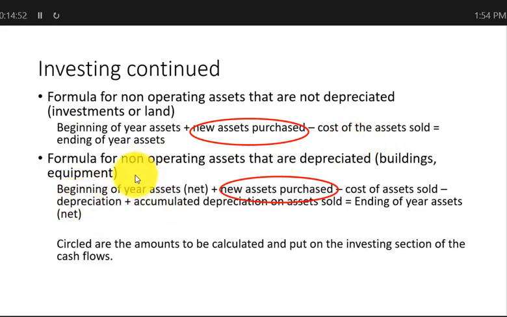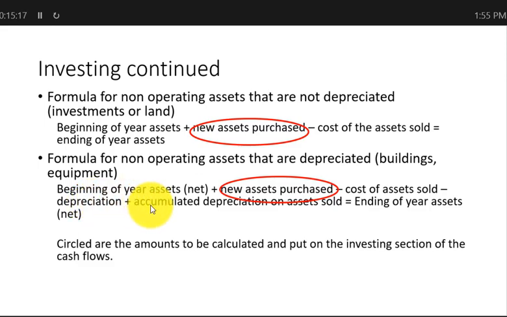Now, if it is an asset that gets depreciated, like buildings or equipment, it's got an additional step. You have the beginning, you have the ending, you add the new assets purchased, you subtract the cost of the assets sold, okay?